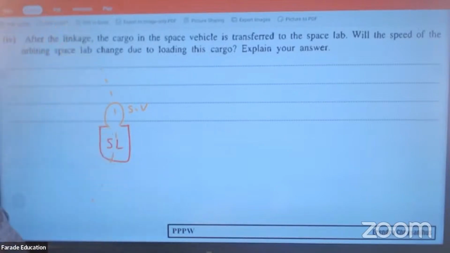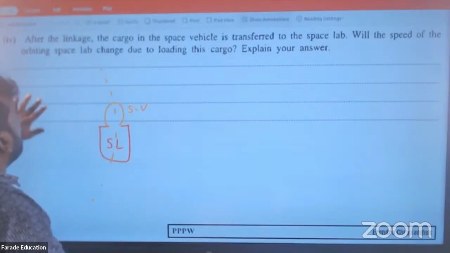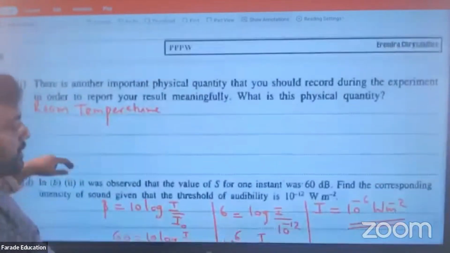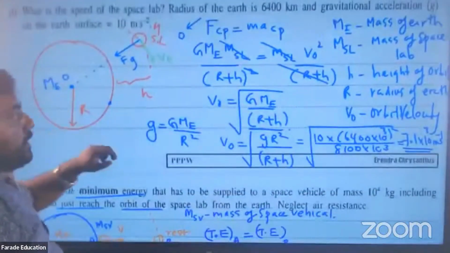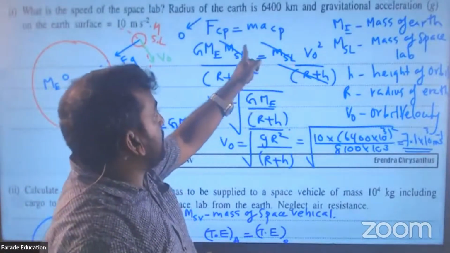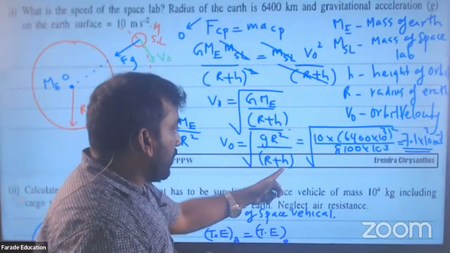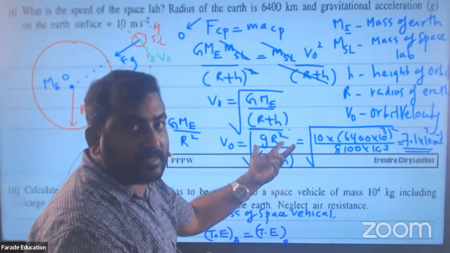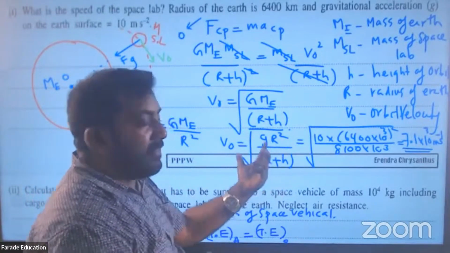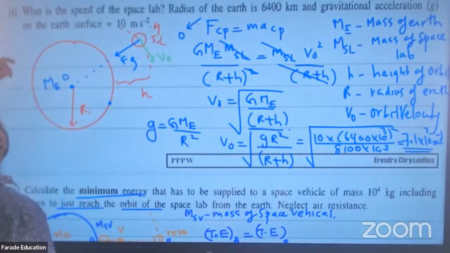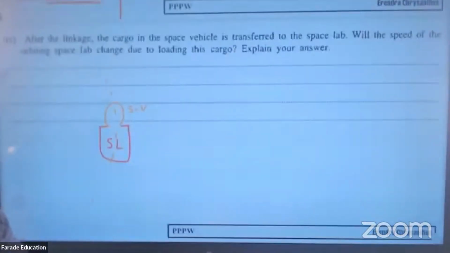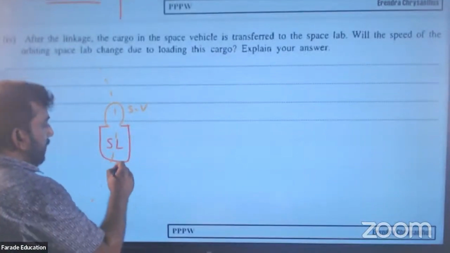Will the velocity of the orbit change? Go back and look. You can see the mass of the space lab is cancelled out. The velocity of the orbit does not have any mass in it. So even if the space vehicle connects with it, the velocity won't change.